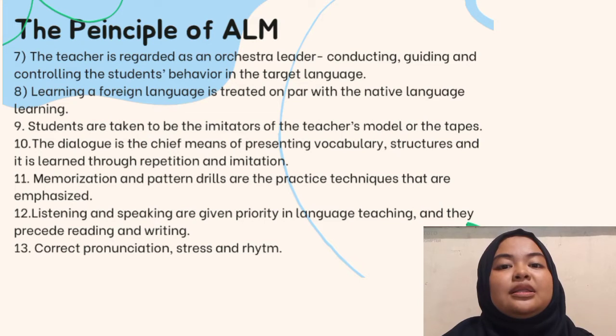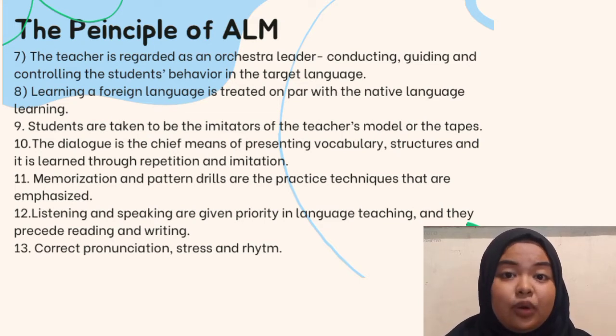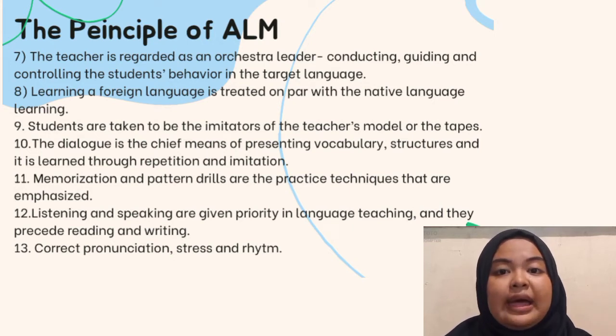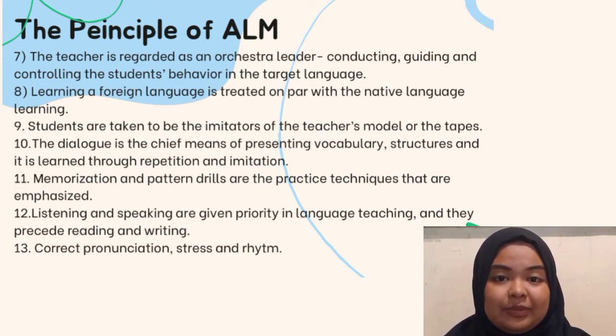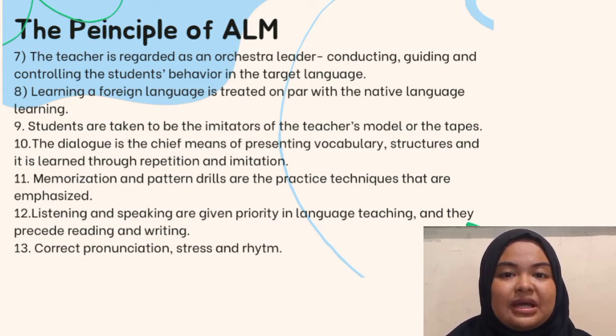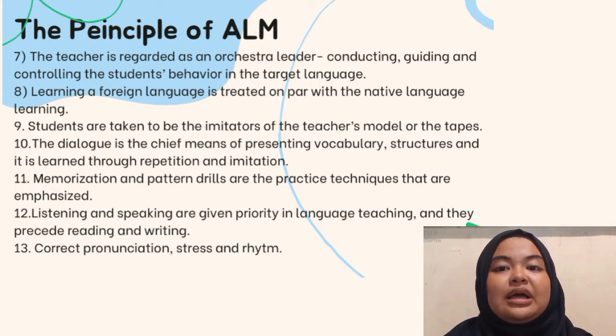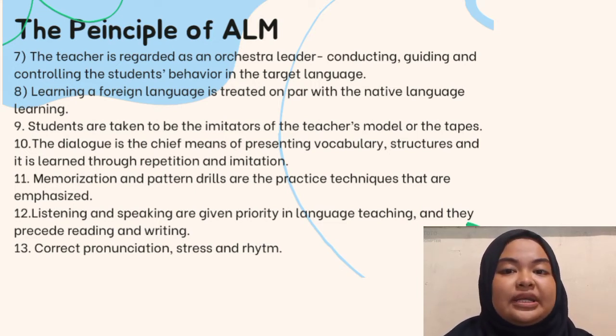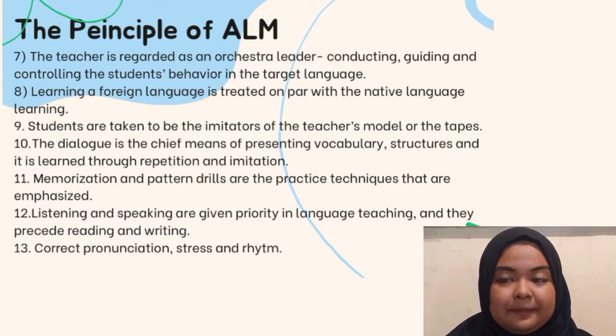Ten, the dialogue is the chief means of presenting vocabulary and structure, and it is learned through repetition and imitation. Eleven, memorization and pattern drills are the practice techniques that are emphasized. Twelve, listening and speaking are given priority in language teaching and they precede reading and writing. Thirteen, correct pronunciation, stress, and rhythm.